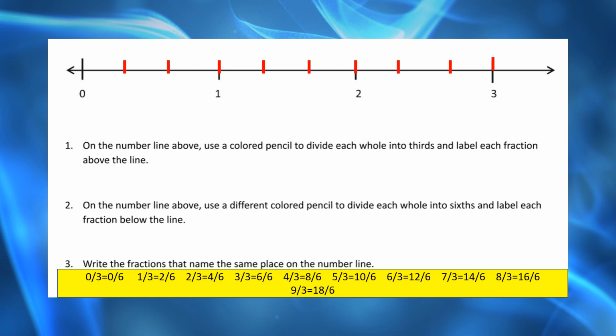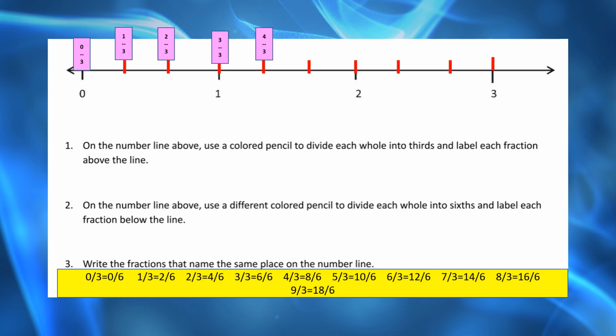Now we're going to label our thirds, and we're going to start at 0, by writing 0/3 above the number 0. Now, counting up, we have 1/3 above the first line. The second line will be 2/3. The third line is 3/3, and we know that 3/3 is the same as saying 1 because 3 divided by 3 is 1.